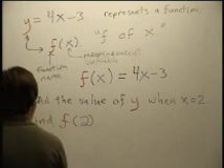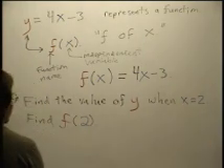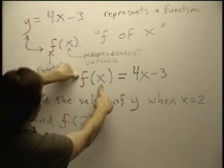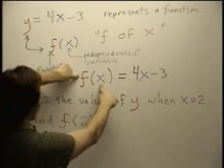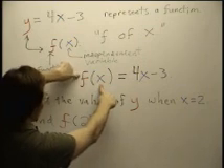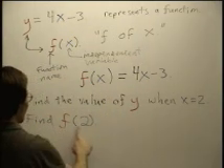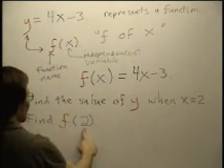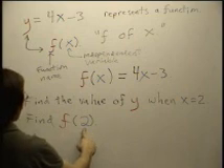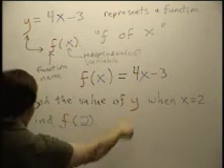I can simply say find f of 2. See, in this notation, whatever is in the parentheses following the function name, that is the variable. So if I say f of 2, that means I want my variable x to have the value 2. So it means the same thing as the statement above it.